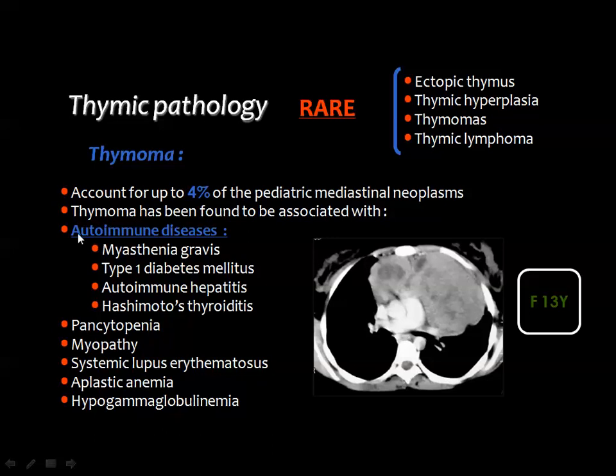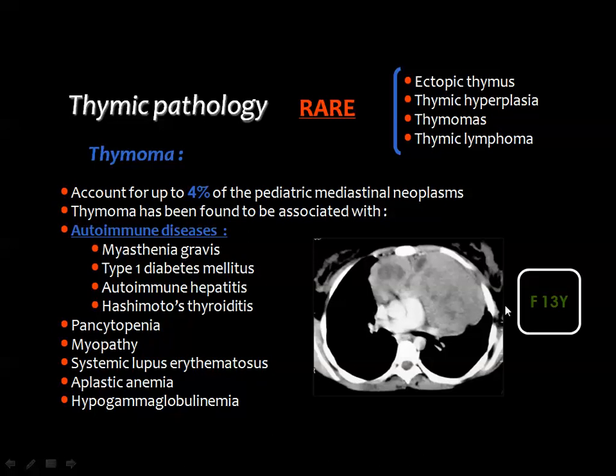Then thymoma is a rare pathology accounting for about 4% of the pediatric mediastinal neoplasms, and thymomas are found to be associated with autoimmune diseases like myasthenia gravis, diabetes mellitus, autoimmune hepatitis, Hashimoto's thyroiditis, and also with other diseases like pancytopenia, myopathy, systemic lupus, aplastic anemia, and hypogammaglobulinemia.